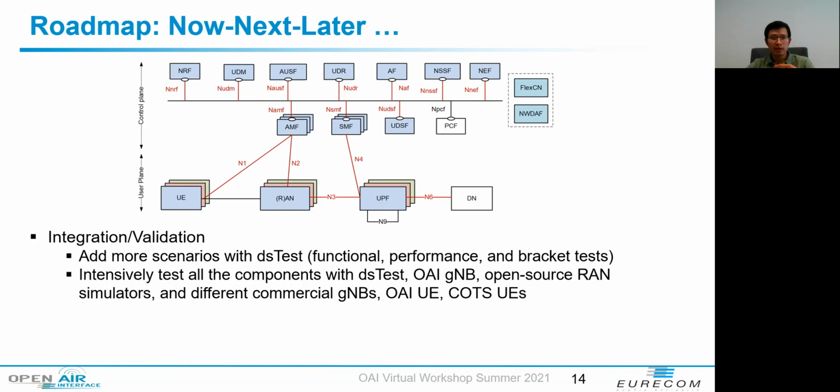And more importantly, we continue to intensively test our core network with OAI G-Node B, with different commercial G-Node B and open source RAN simulator, with different COTS UE and also with OAI UE.